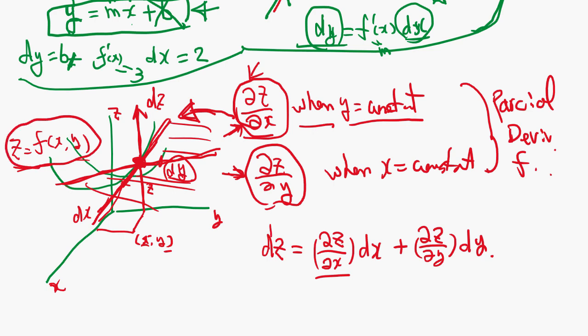And the amount of dz depends on dx multiplied by this slope and dy multiplied by the slope. So the plane is like m1 x plus m2 y. You can write it this way.